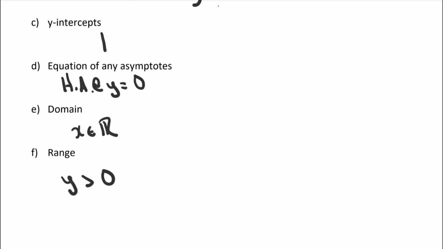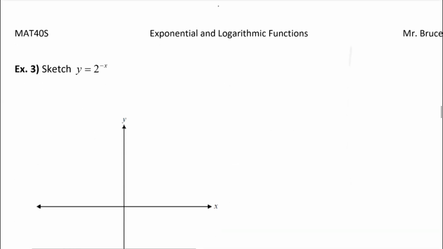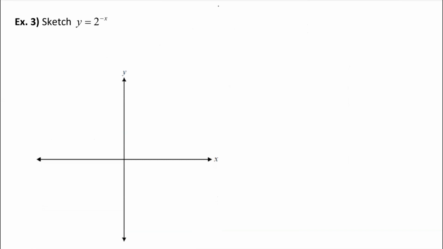Okay? So, with that in mind, we are now going to do some transformations with all these graphs to come. All right? So sketch y is equal to 2 to the power of negative x. So again, the base graph is going to be y is equal to 2 to the power of x. That's our base graph.